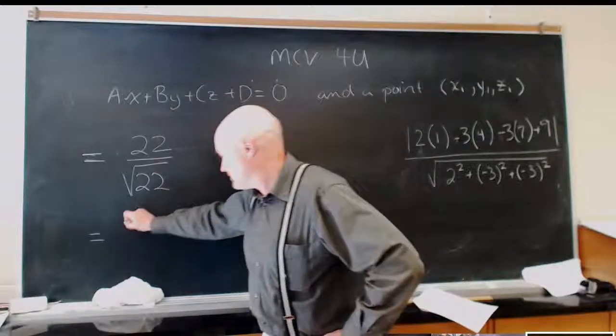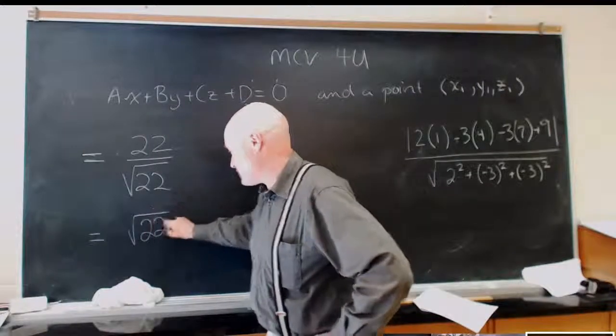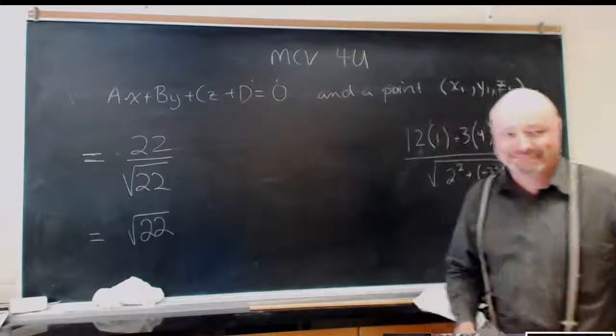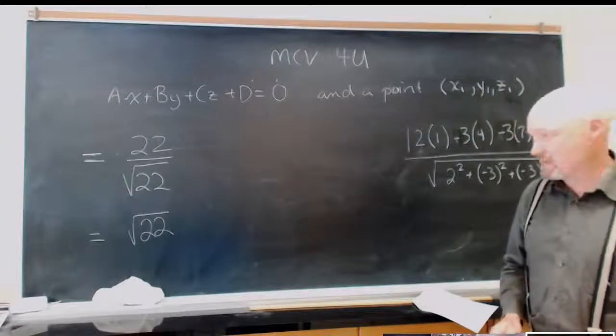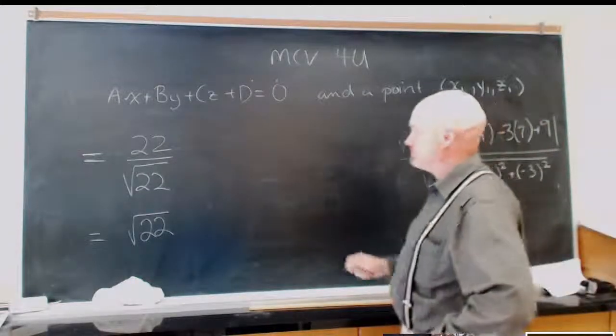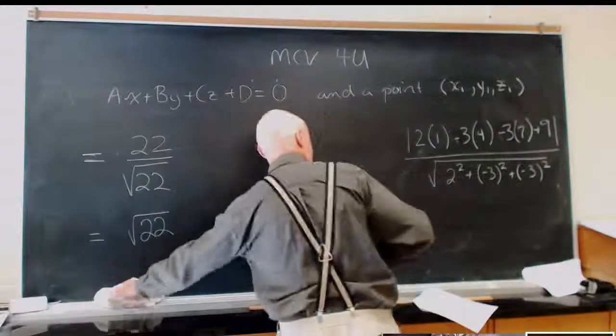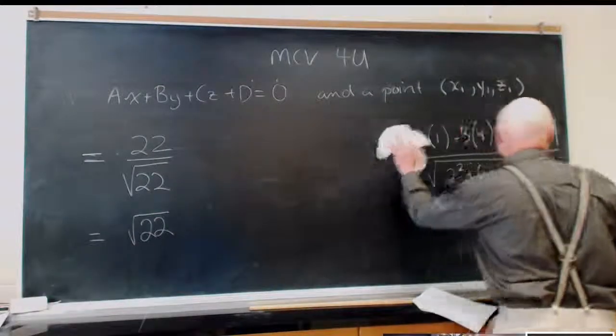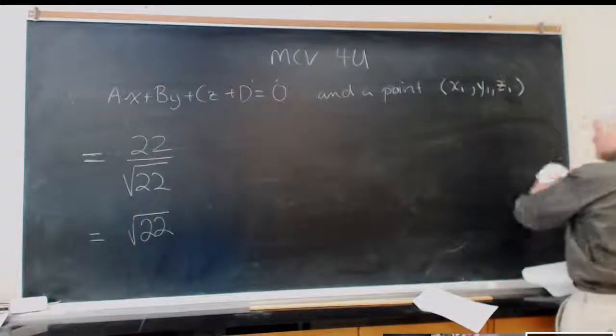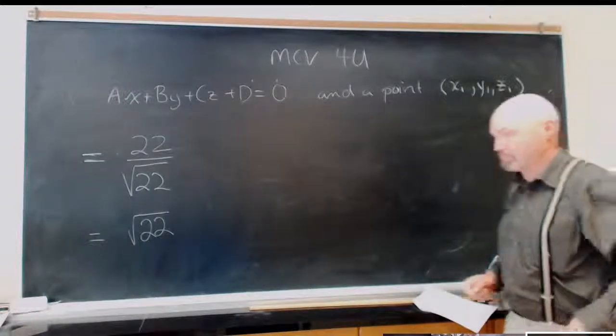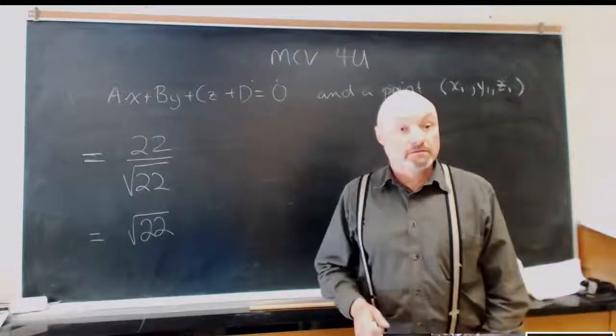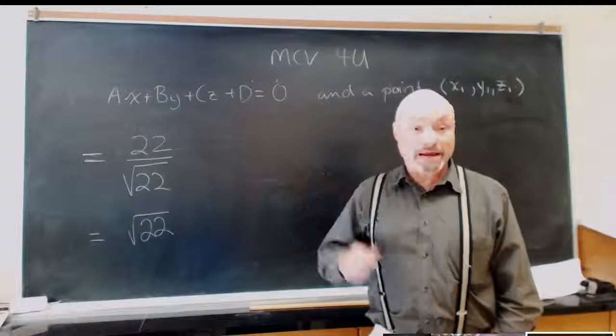Square root of 22, isn't it? Square root of 22. Okay, really good. So that's finding the distance from a point to a plane.